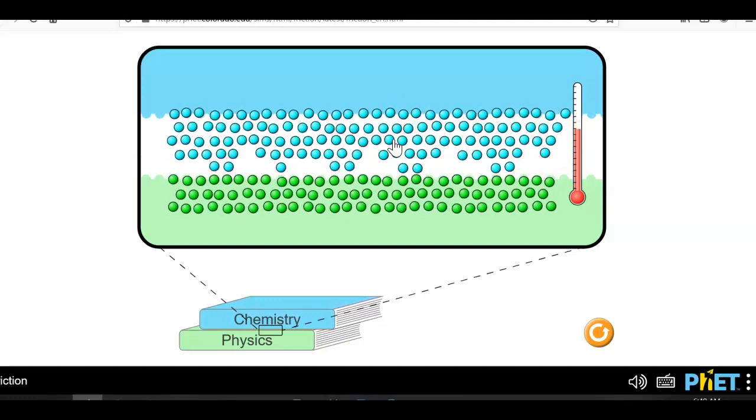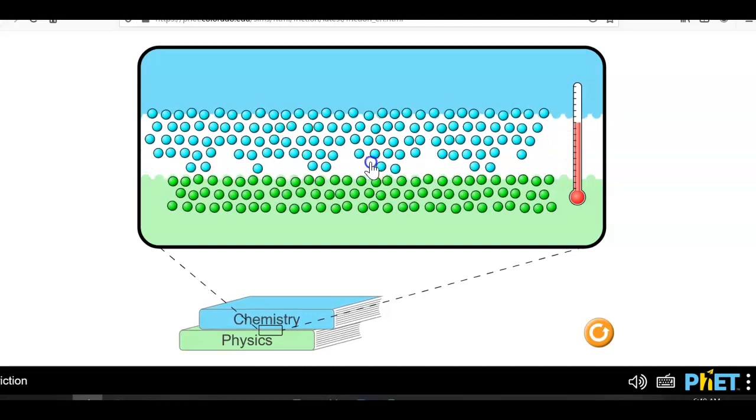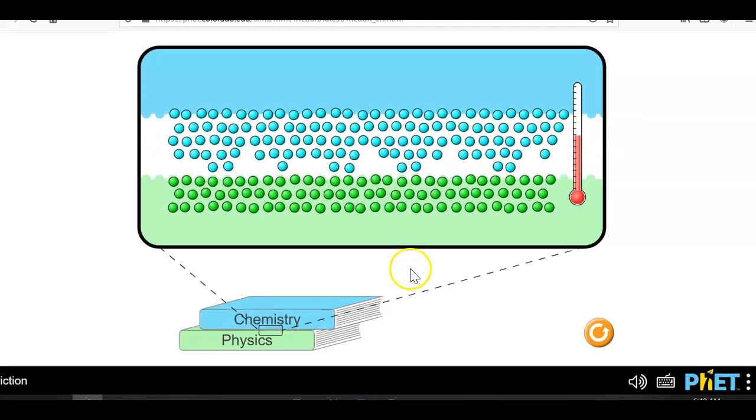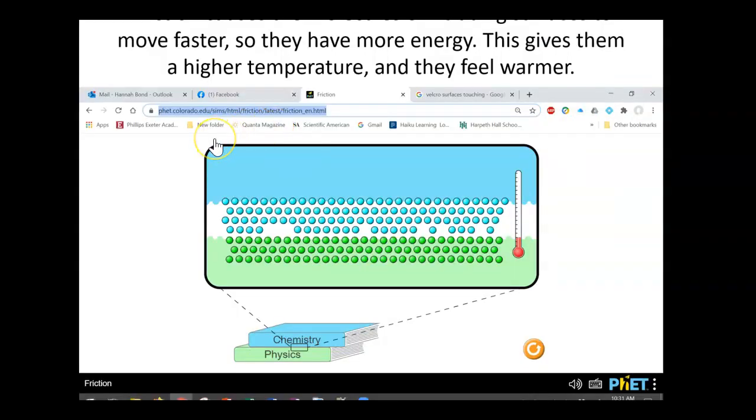Look how fast the little molecules and atoms start to vibrate. And the reason that they do is they get excited by this rubbing motion. Okay. So when the molecules and atoms begin to move faster, they have more energy. They warm up, right?